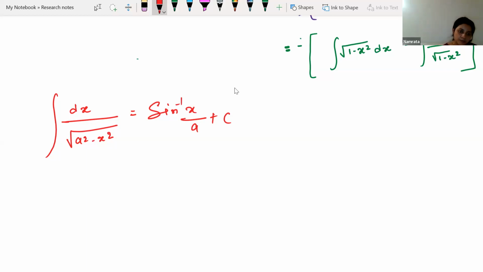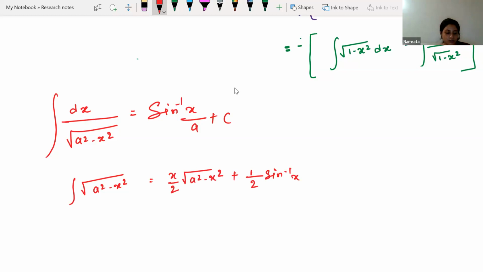So if we are having integration of under root a square minus x square, there is a formula for that, that is x by 2 under root a square minus x square plus 1 by 2 sine inverse x. Let me check whether this is the formula.